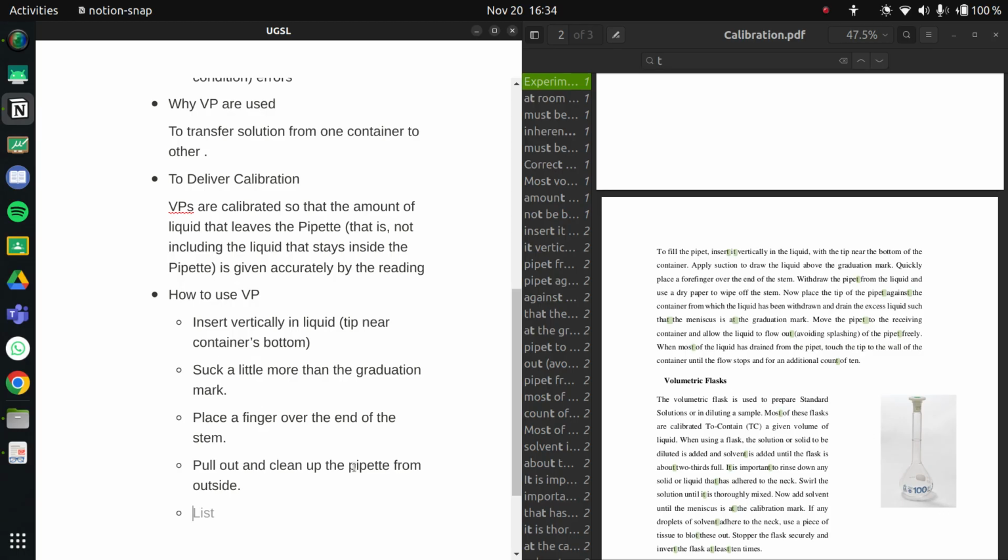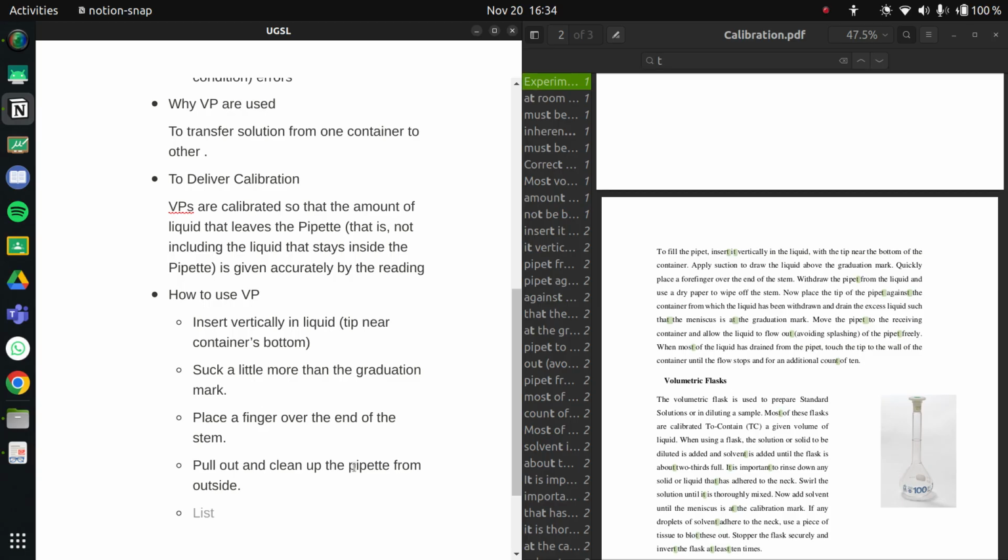Drain the excess liquid. Oh, okay. Against the container. This is fine. Just inside the container is more like it. So we shouldn't say inside, more like just hovering above it. Drain the excess liquid such that the meniscus is at the graduation mark.